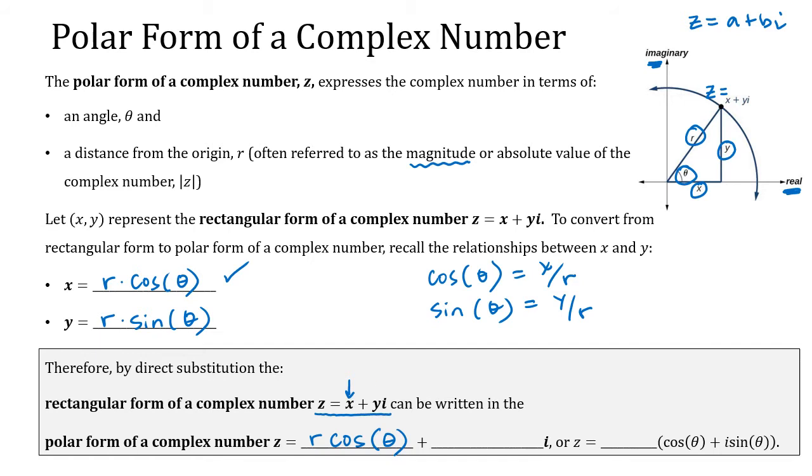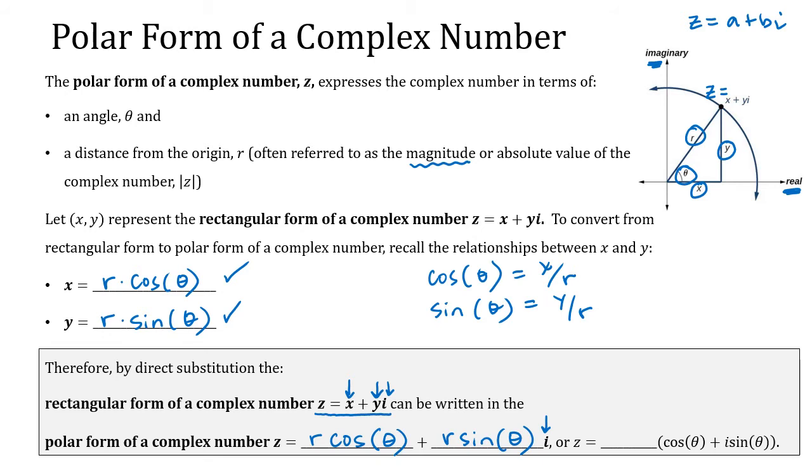And in the place of the y, I'm going to substitute in what y is equal to, which is r sine of theta. Now, the i that was listed in the rectangular form is still here in the polar form, okay? Now, that is a perfectly good representation of the polar form.